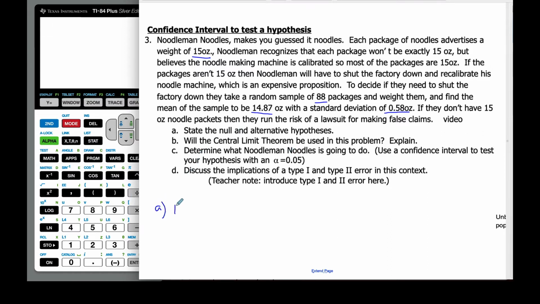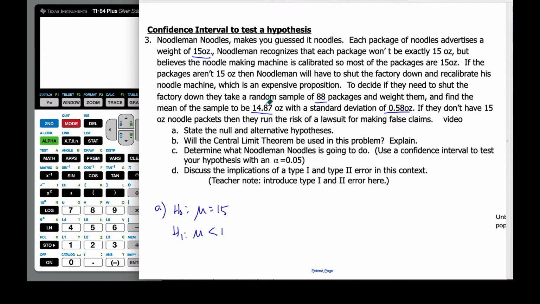Well, it's quite clear that the null hypothesis for this scenario is going to be that the mean is equal to 15 ounces. The alternative hypothesis, though, is not actually talking about less than or greater than, but about not equal to. Because it says if the packages aren't 15 ounces, that doesn't talk about higher or lower, it just says is not 15.